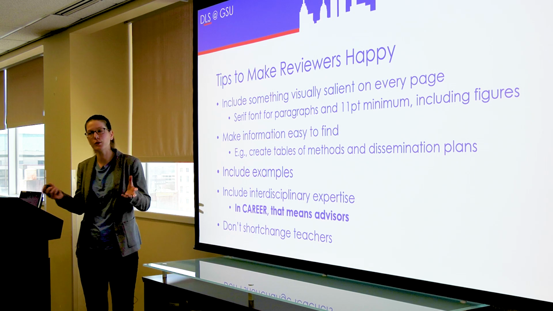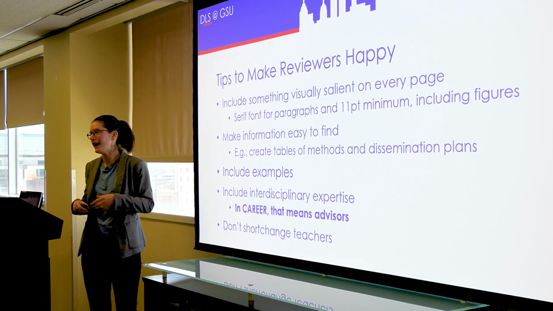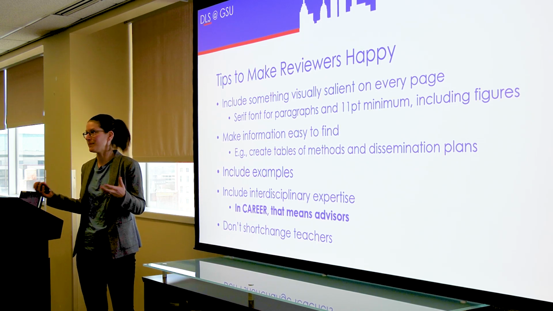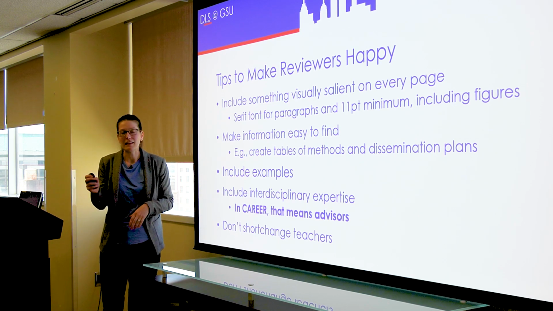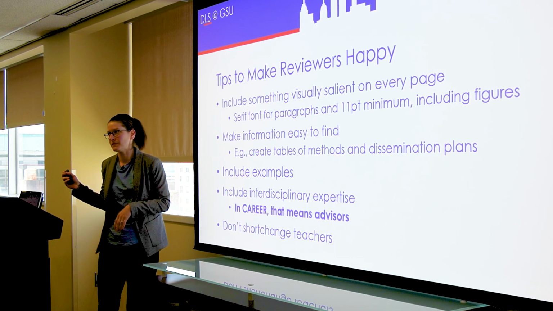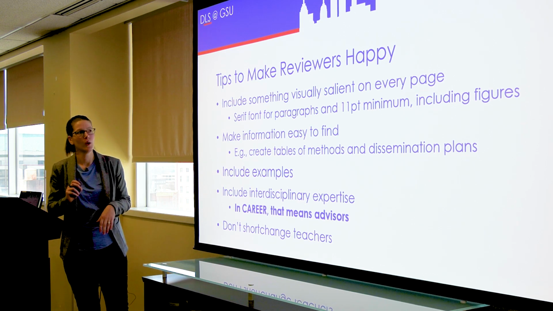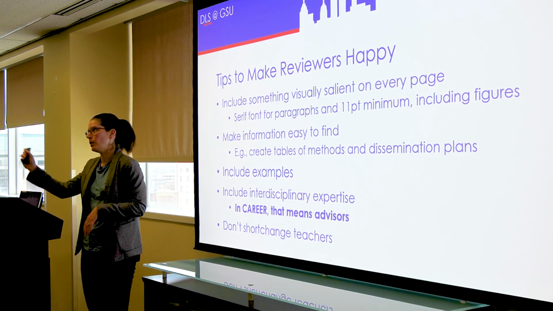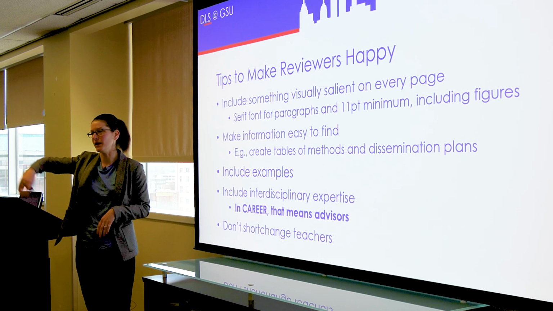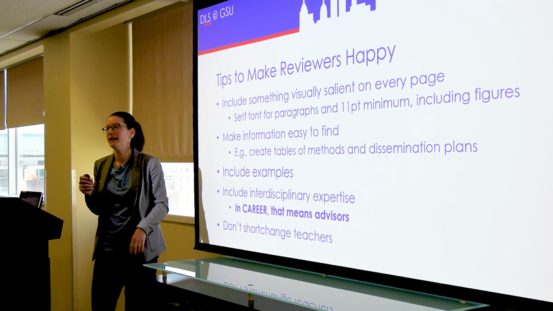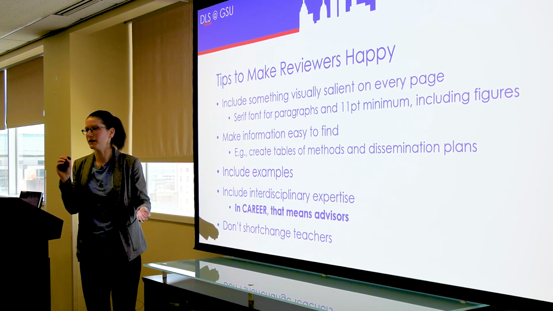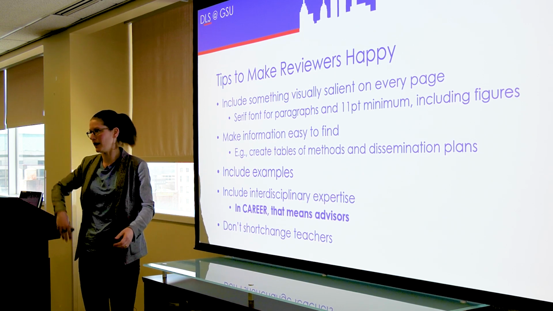All right, so how do you make reviewers happy? How do you write a proposal like a magazine article? First thing is to include something visually salient on every single page. Whether this is like a bolded line, or a bolded list, or a table, or some sort of figure, it helps the reviewer because they're probably not going to read top to bottom.